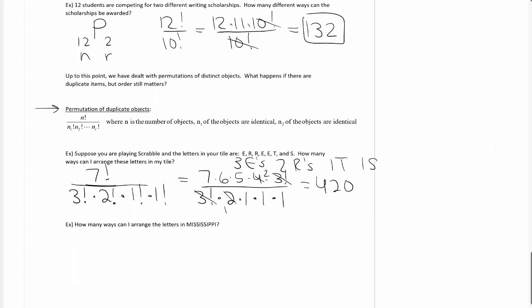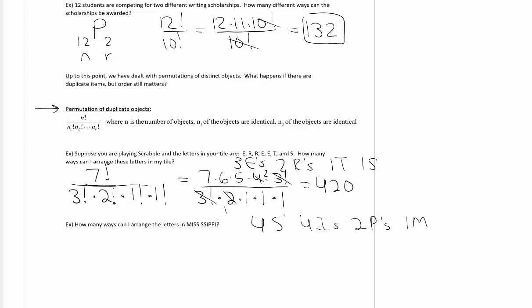Okay, one other example. Let's take a look at Mississippi. Again, we want to arrange the letters, the order matters, and there's definitely repetitions. So what do we have? We have 4 S's, we have 4 I's, we have 2 P's, and we have 1 M. So how do we set it up?